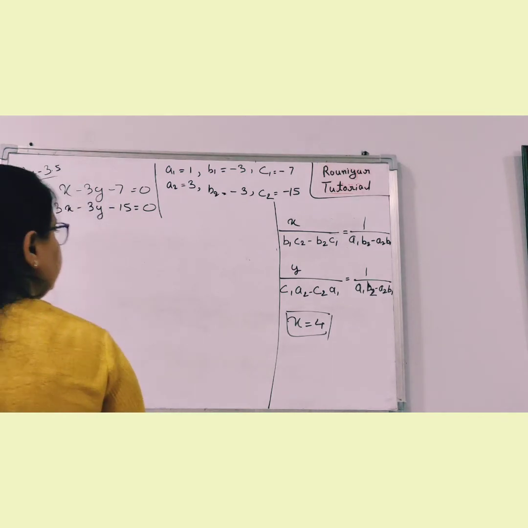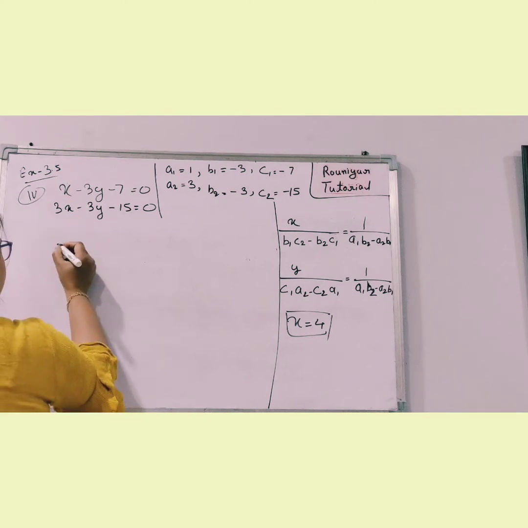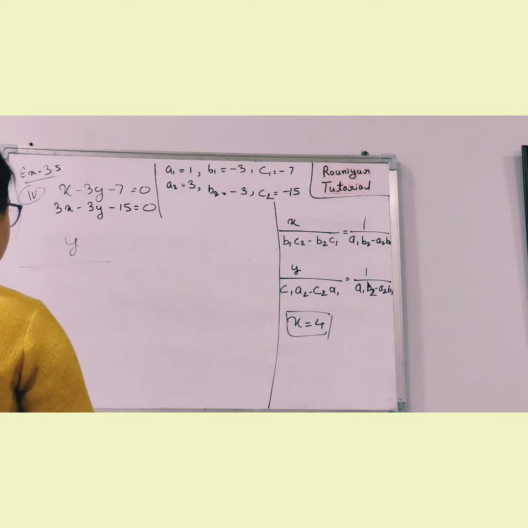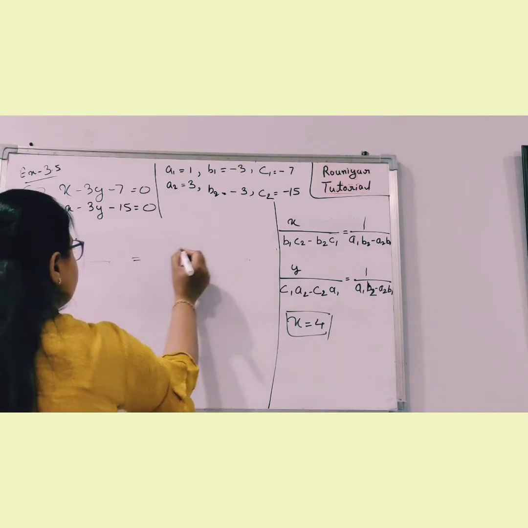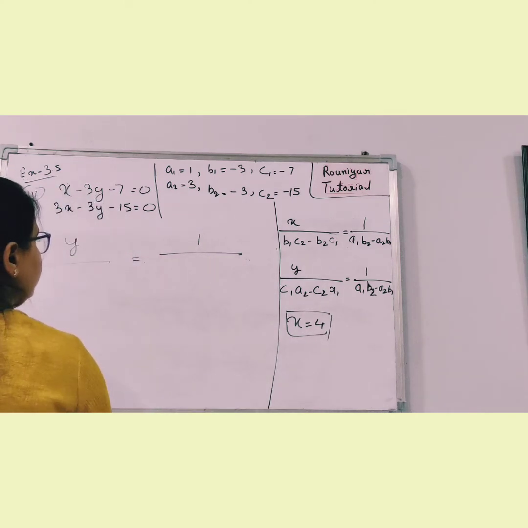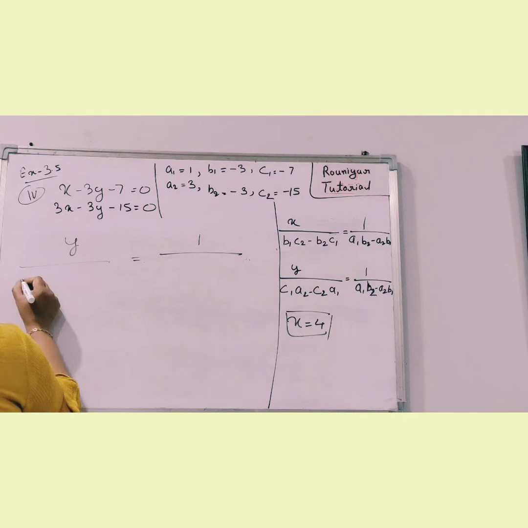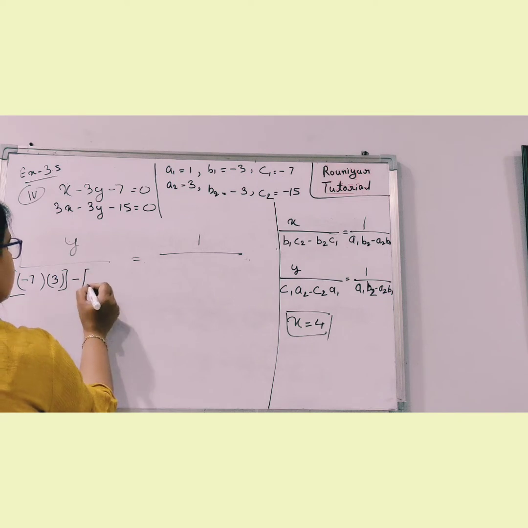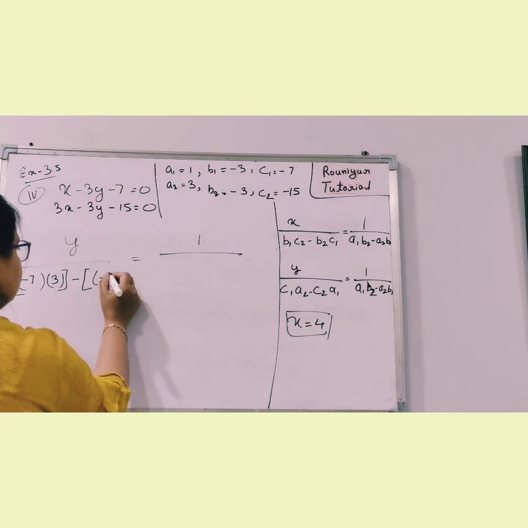Now, next we have to find out the value of y. So we go through the formula of y, c1 into a2. c1 a2 where c1 is minus 7 and a2 is 3 minus c2 is minus 15.